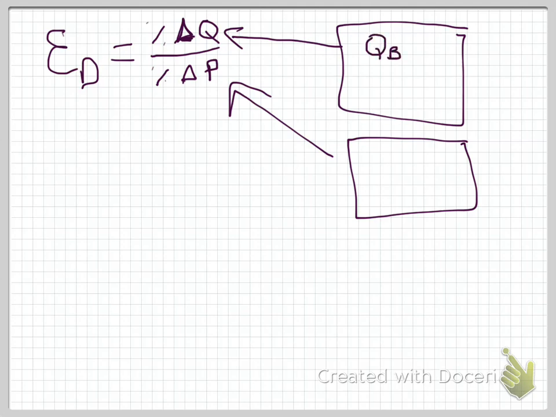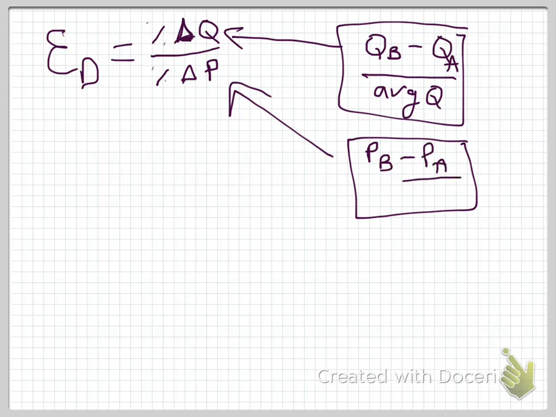For now we'll call it quantity B and subtract quantity A. And then we're going to find the midpoint, or the average of those 2 quantities. And we're going to do the same thing with the prices. Price B minus price A divided by the average of the prices.